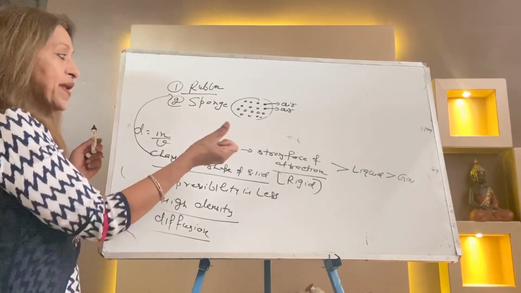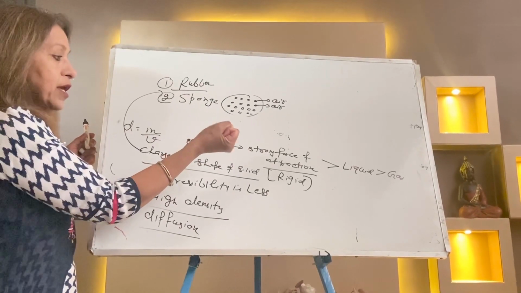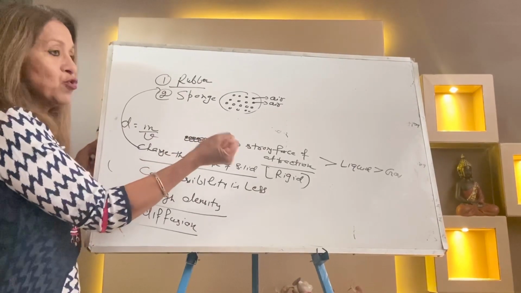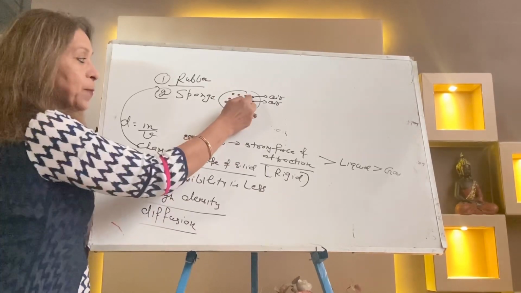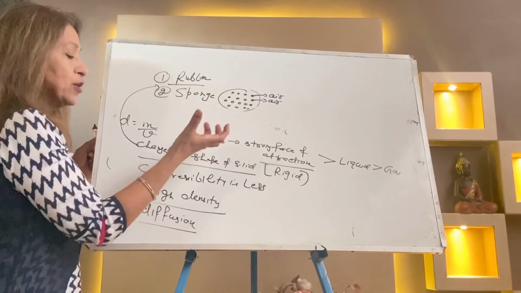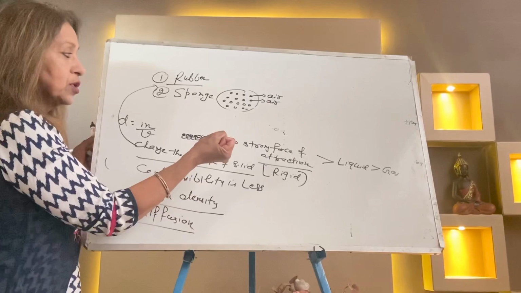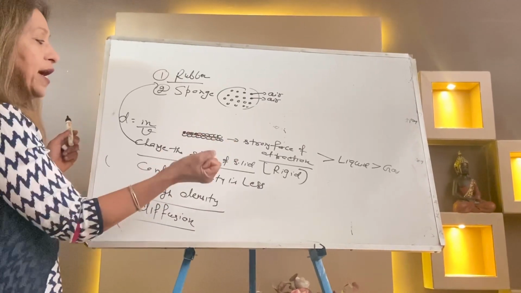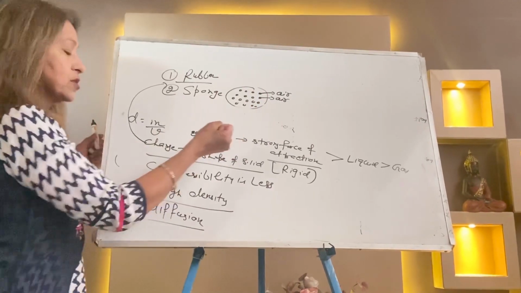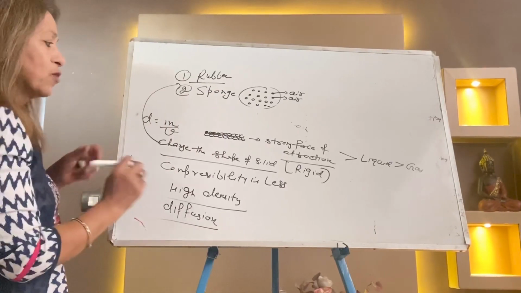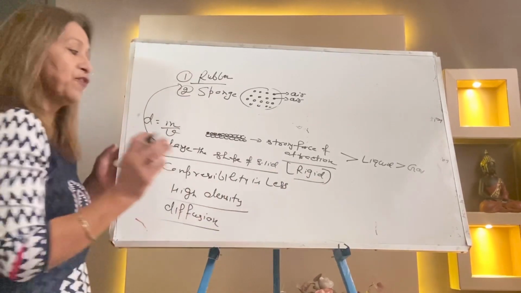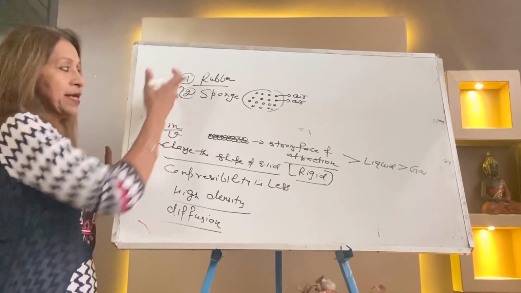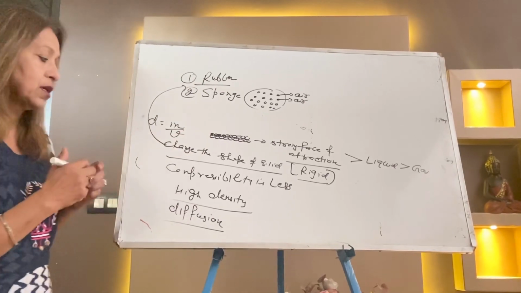So when you compress the sponge, air comes out and it squeezes. Otherwise solids are very rigid, and it is very difficult to change their shape except in these one or two cases.